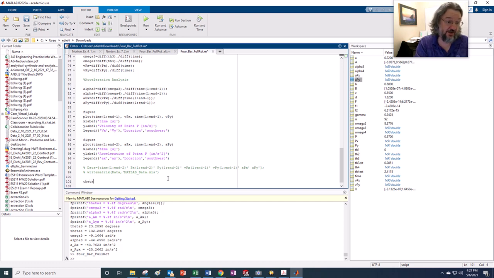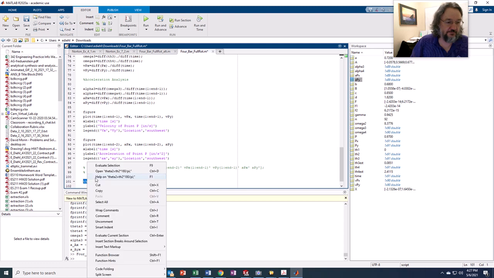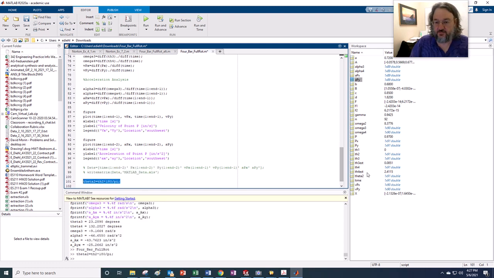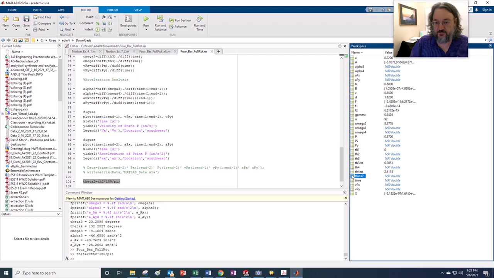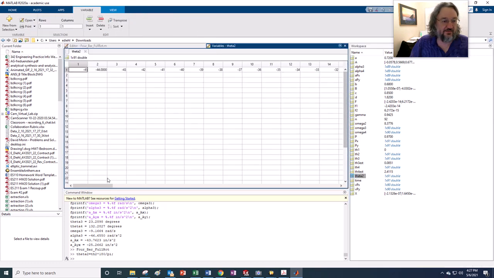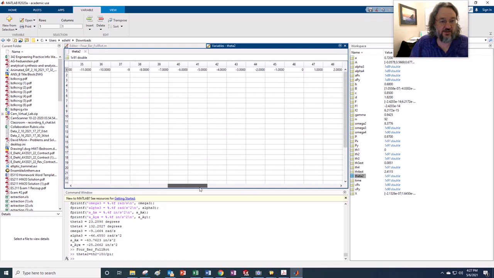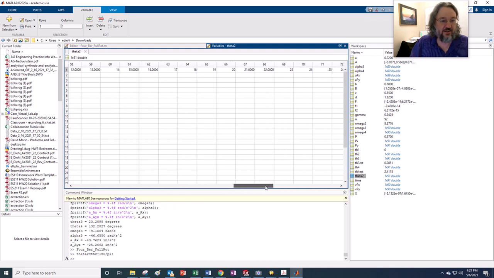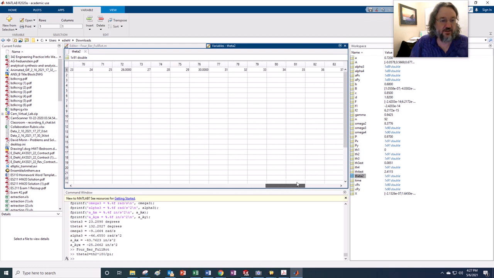So I'm going to write theta 2 is equal to TH2 times 180 divided by pi, and evaluate it. And so now I have a theta 2. And there's only 90 of these, right? You can see that it's pretty close to being 1 degree increments. And so I'm going to see what cell has 30 degrees in it.